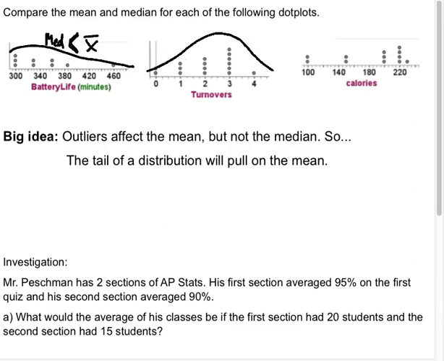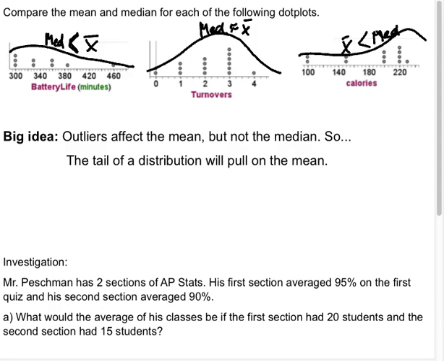Turnovers, that looks pretty roughly symmetric. So what that tells me is the median is going to be about the same as the mean for something that's symmetric. Here I see a tail and it's getting bigger over there. So this time the mean is being pulled by the tail, median not so much.